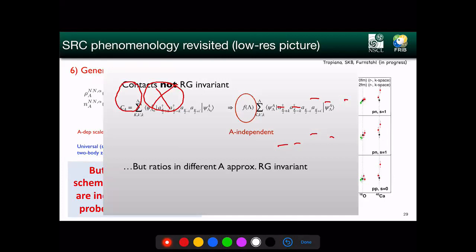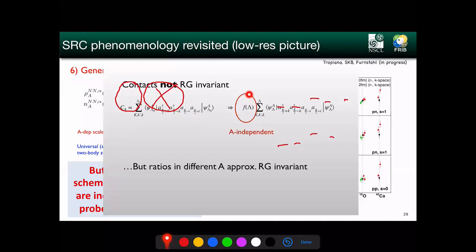So the point I'm trying to make in this slide is that these contacts can be written as a matrix element of this four-fermion operator. And what's shown on the left here is the form it would take in the high resolution theory. Now do an RG transformation where you evolve lambda to very small values. You find that this nuclear contact is not RG invariant.